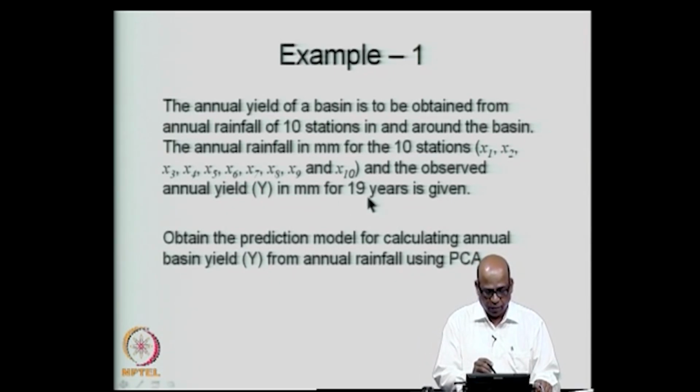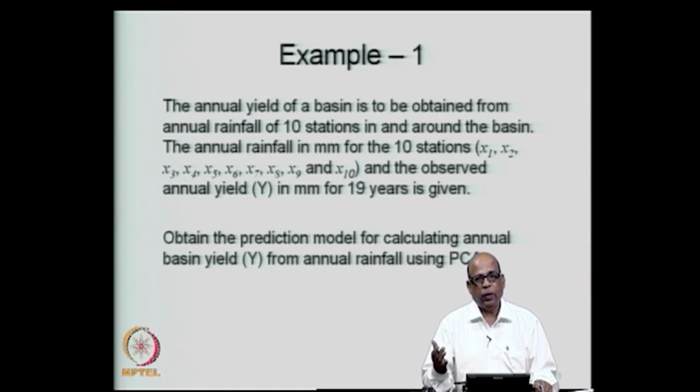So, we have concurrent values for 19 years on the annual yield as well as on these 10 stations, which are taken as independent variables here. We want to obtain the prediction model for the yield associated with the rainfall. That is, we want to develop a relationship between the annual yield and the rainfall in all these 10 stations.